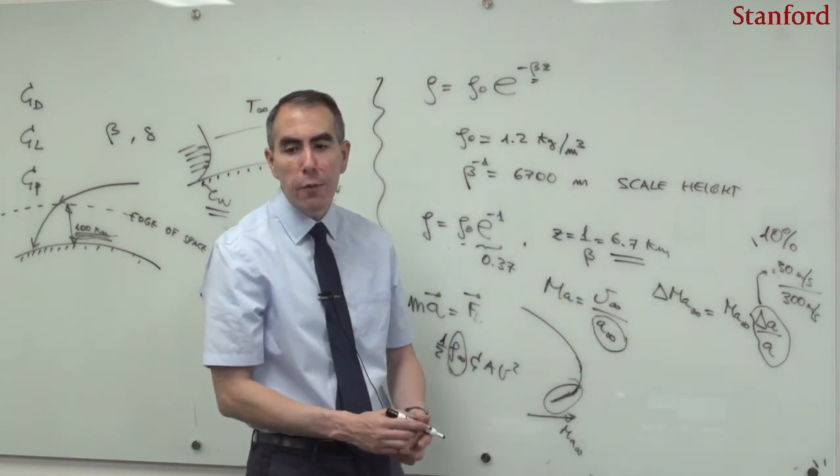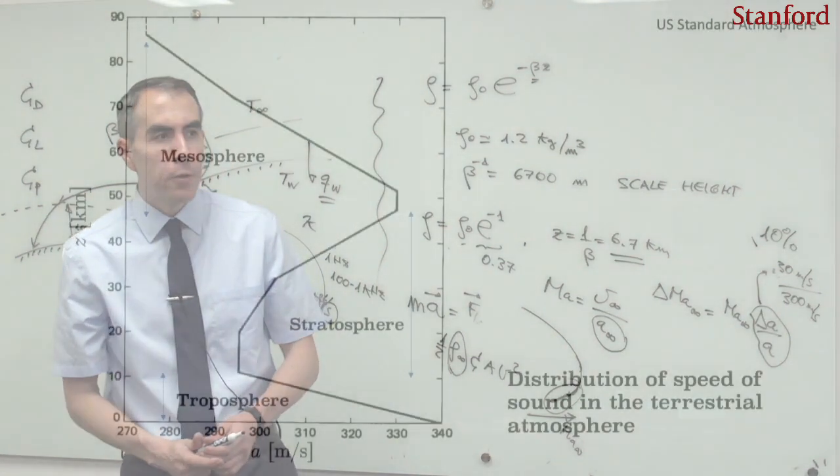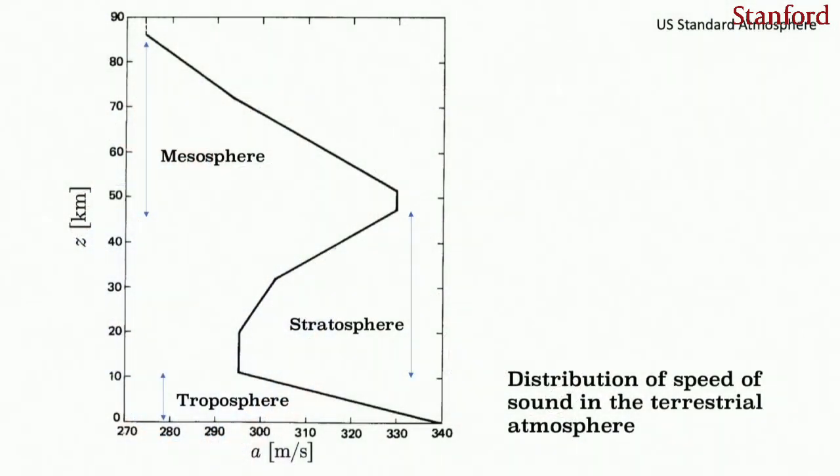So the moral of this is that yes, across the stratosphere there are variations of the speed of sound, but if I take, for instance, 300 meters per second as a characteristic value of the speed of sound there, it doesn't really matter whether I take 300 or 290 or 310. So the Mach number is going to be mostly the same if the velocity of the hypersonic flight system is the same.